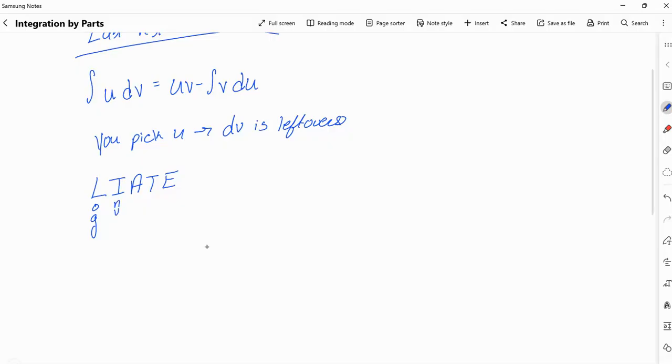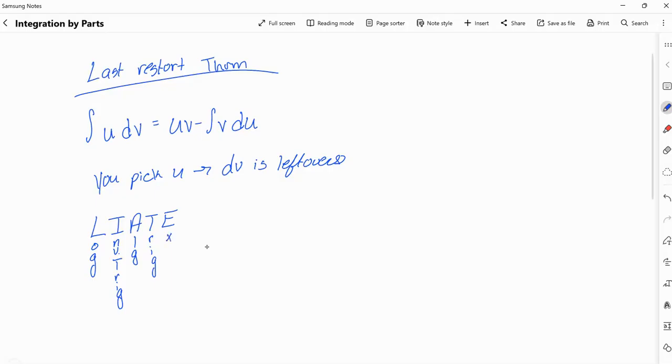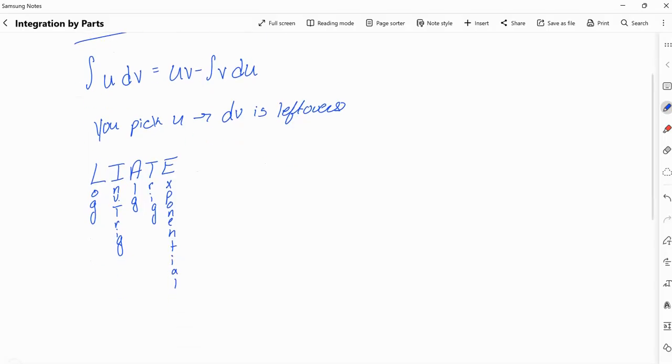If there's an inverse trig part and not a logarithmic, then try the inverse trig. Is there an algebraic part? Pick the algebraic part. What about just a regular trig part or an exponential part? So you would just go through that order.